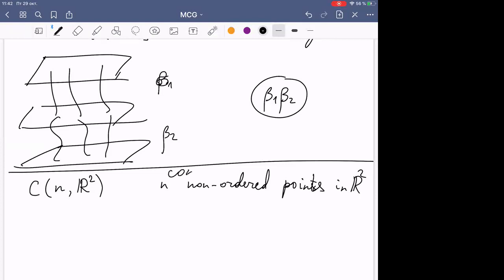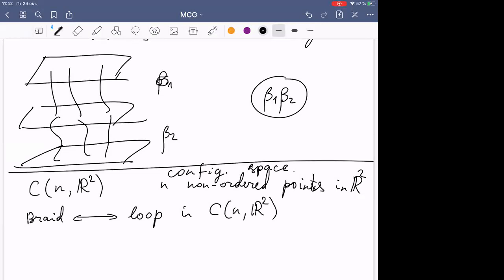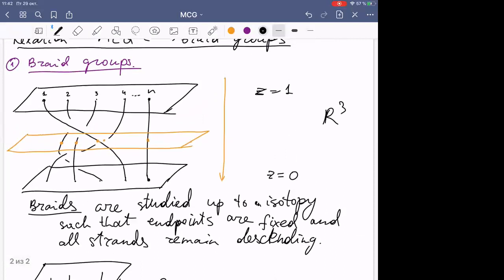A point in this configuration space is a collection of n non-ordered points in R2, and then a braid is exactly a loop in this configuration space, starting and ending at one particular base point.